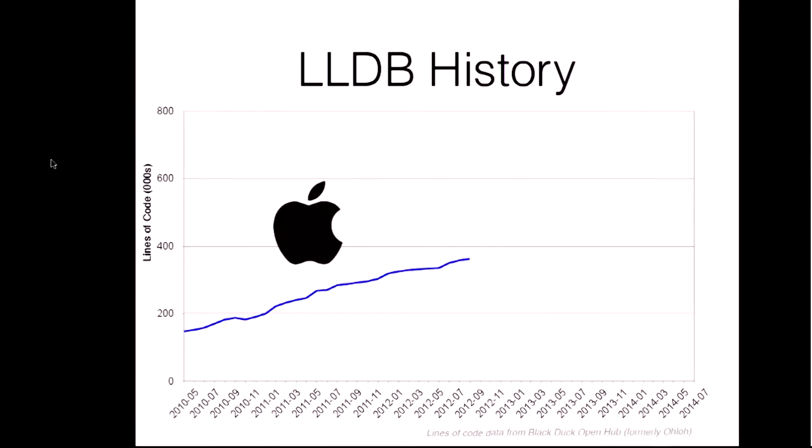I looked through the commit history in the repository at email addresses and domain names, and basically, Apple did pretty much all of the work during this time. I looked to see who the most prolific non-apple.com committer was, and it turns out they were responsible for just under 2% of the commits during this time period.